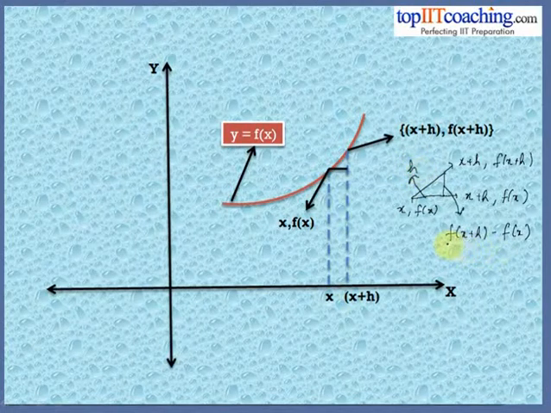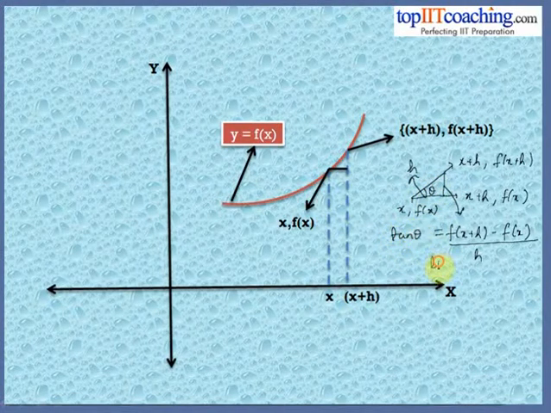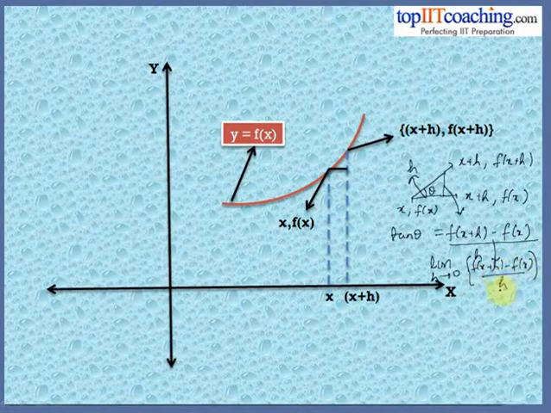So when we divide f(x plus h) minus f(x) by h, this is the slope of this triangle, or if this angle is theta, then it is equal to tan theta. So when h tends to 0, f(x plus h) minus f(x) divided by h is called the derivative of f(x) at the point x equal to a.